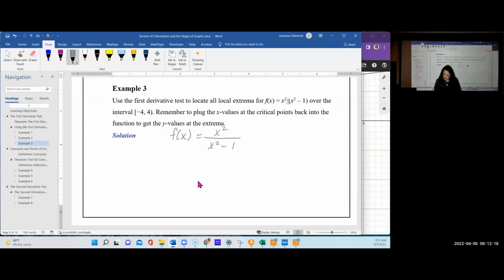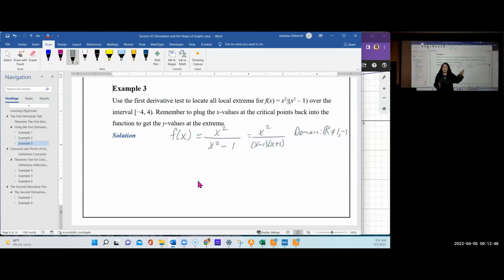So when we look at the domain, we may want to think of this as x squared over (x minus 1) times (x plus 1), which means basically that our domain will be all reals except for 1 and -1. We will not be allowed to have 1 or -1 in the original function because it causes the denominator to be 0.